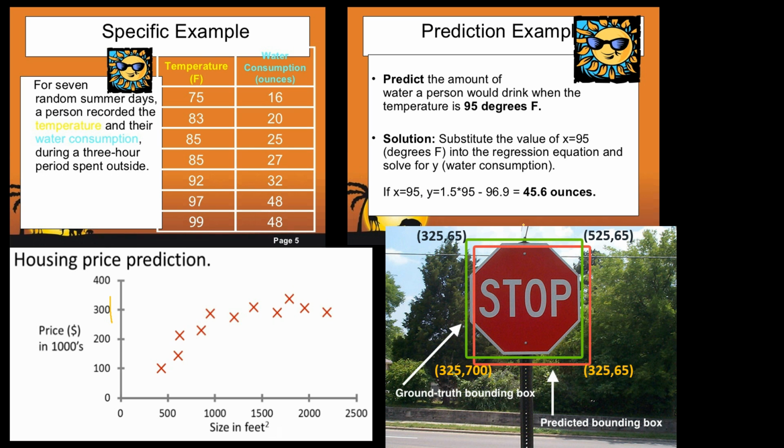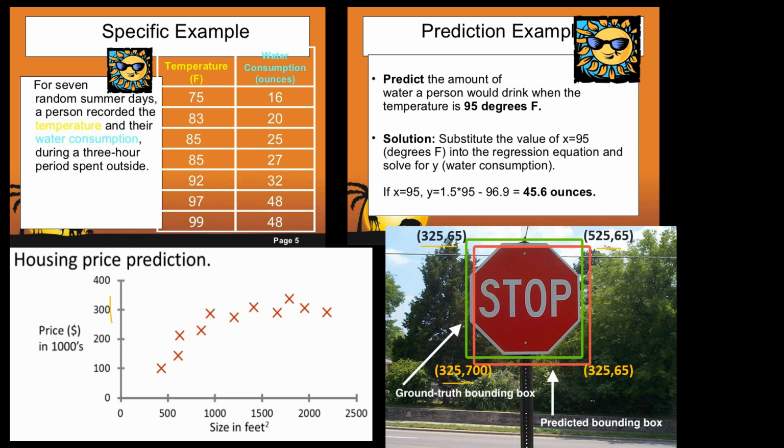And in computer vision, for example in object detection, when you want to predict the bounding box, when you want to localize where this stop sign is, then you have to give a real value for where the location is.